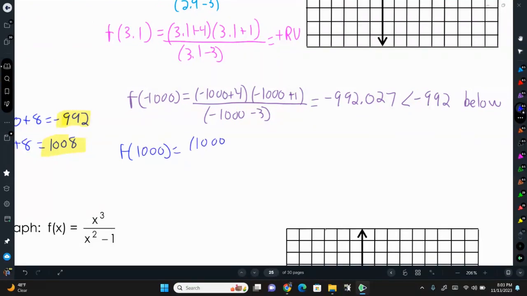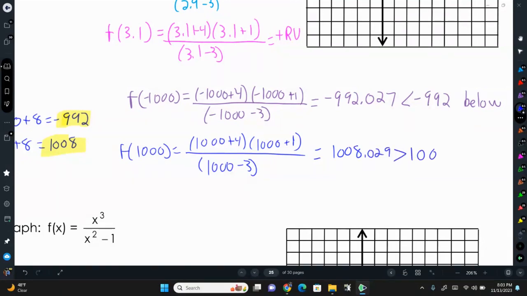So 1,000 plus 4 times 1,000 plus 1 over 1,000 minus 3, and I get 1,008.028, which is larger than 1,008, so above.